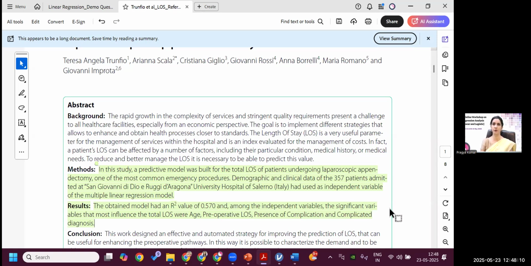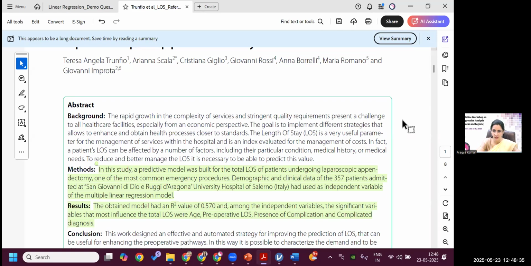Yes, please type all the predictor variables. Age, complications, yes. And preoperative length of stay and complicated diagnosis. Yes, true. So they have performed the linear regression.